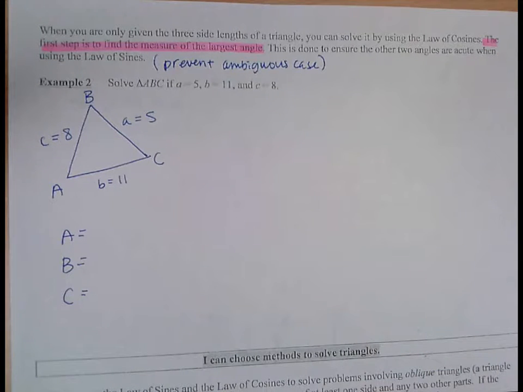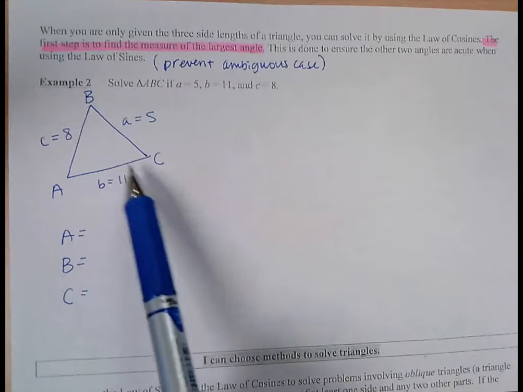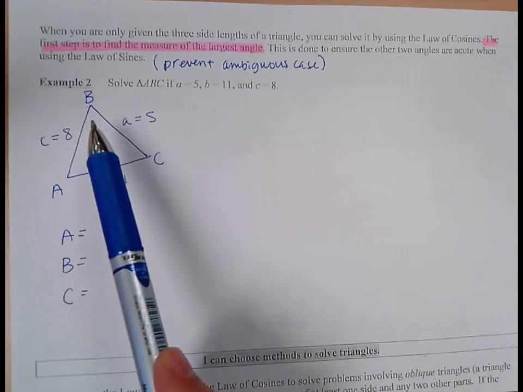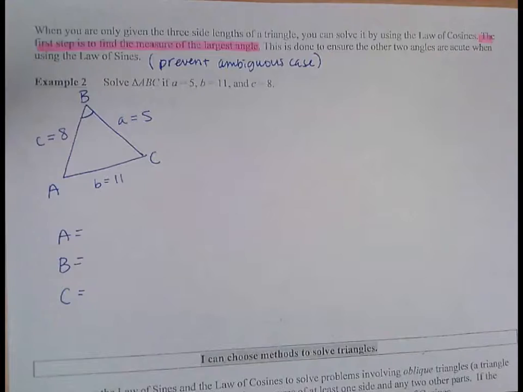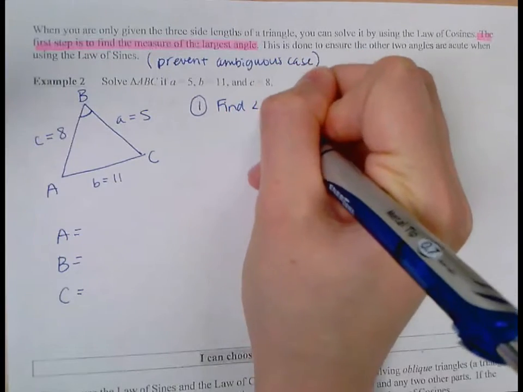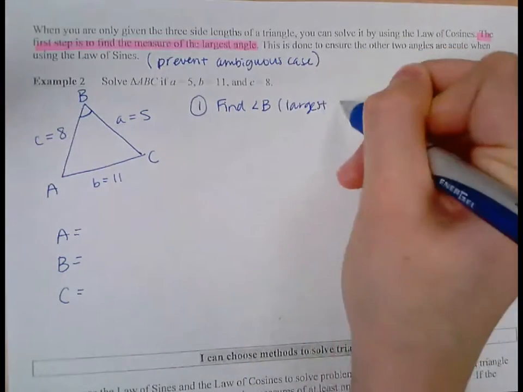The longest side, which is side B, is always opposite the largest angle. So angle B is going to be the largest angle, so we have to find angle B first. So I'm going to put here, step 1 is to find angle B, largest angle.